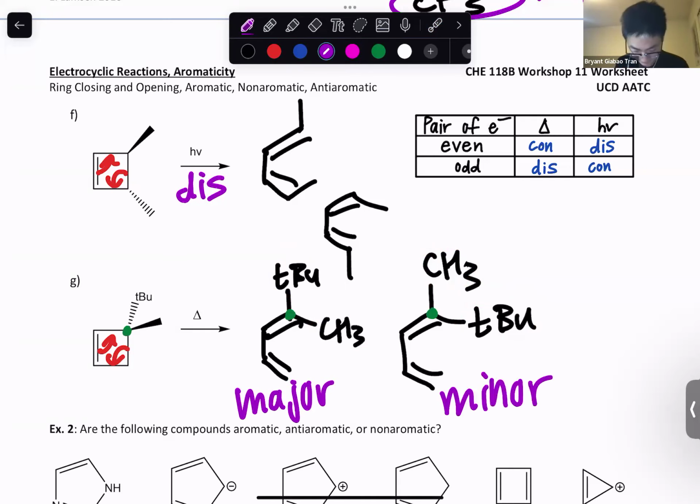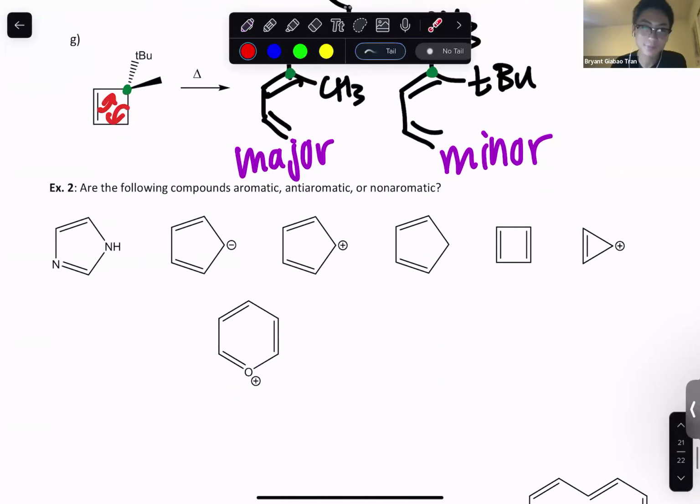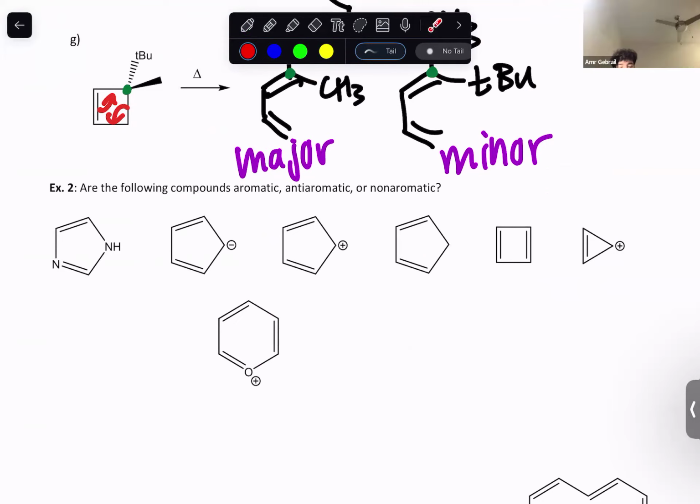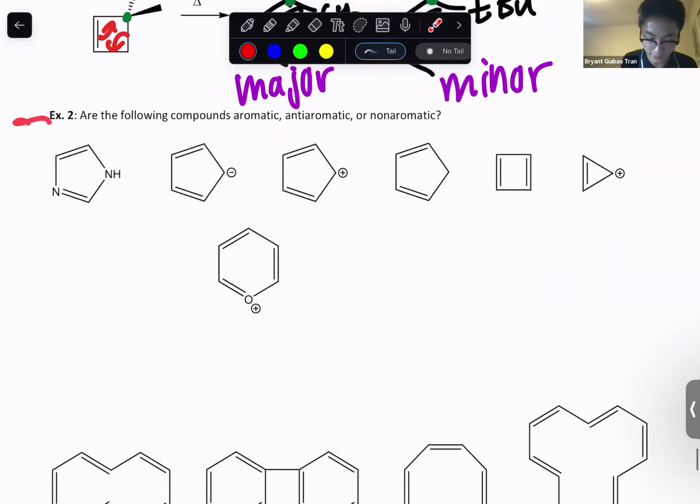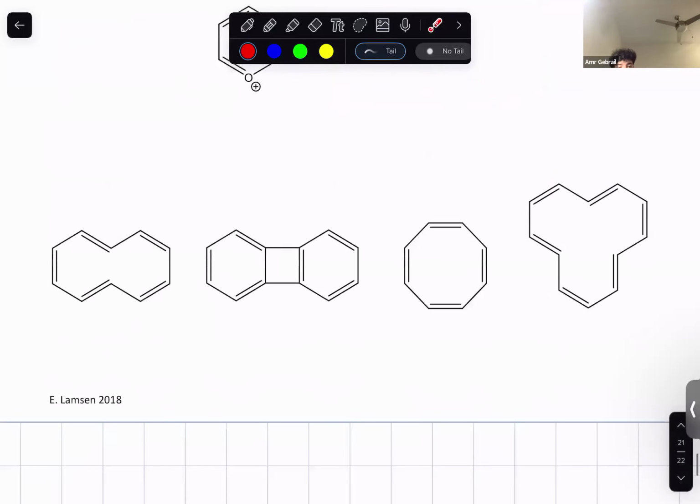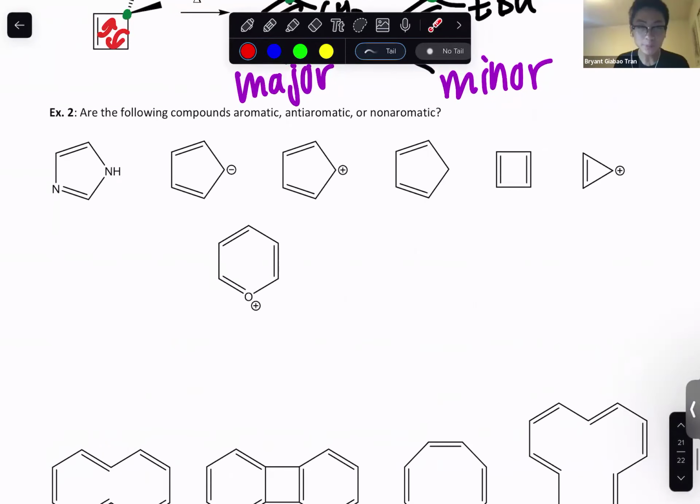Nice. Okay, now this goes into aromaticity, which he did not start the chapter on yet. This is chapter 15 stuff. That was the end of chapter 14. This is the beginning of chapter 15 here. I could pull up my notes and go over this stuff.